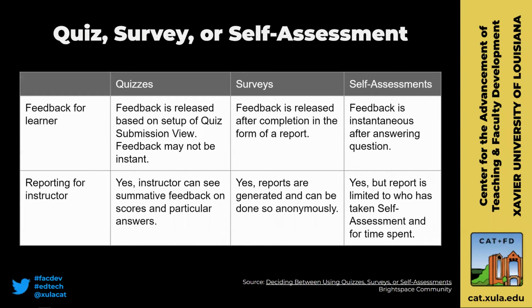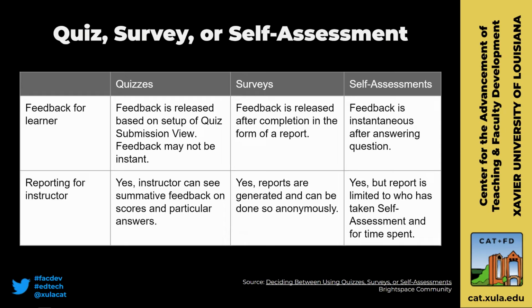For you as the instructor, for a quiz, yes, you can see the scores and the particular answers. So you can see all of that. With the survey, you can get reports. And if you set up the survey so that it's anonymous, you would see the results anonymously as well.